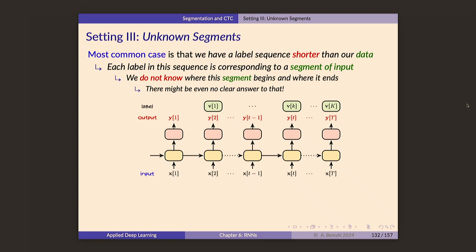Because you cannot say when your neural network should start to understand this is 2, right? Maybe I say at this point, or you say no, at this point. Sometimes there is not even a clear answer to that, okay?